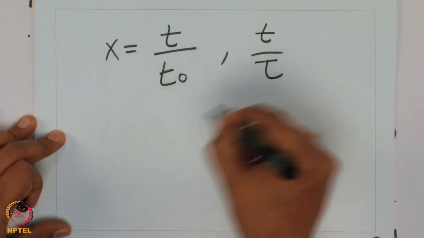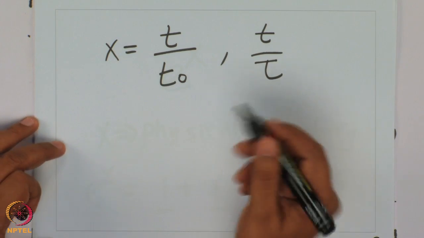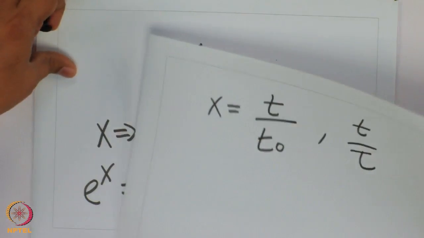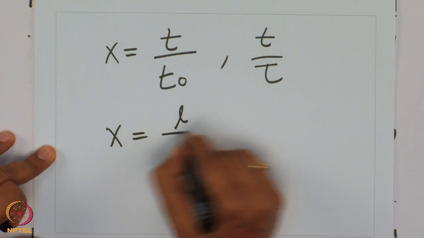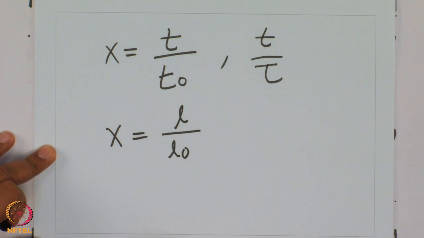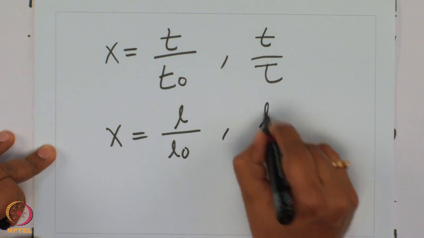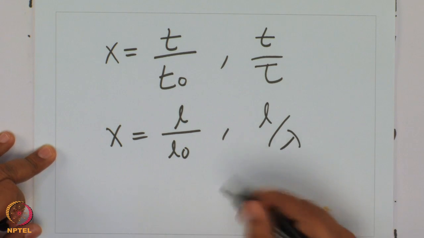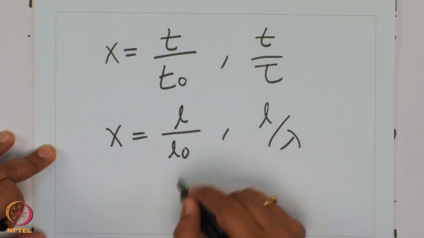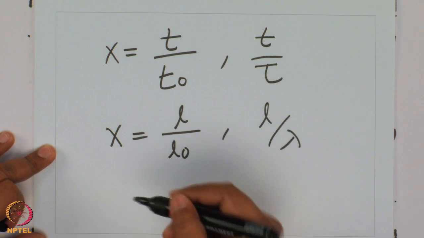Tau, t0, they are all some characteristic time, which we will understand. And at other times x will be some ratio of lengths, so L by L0 or L by lambda. All the lambda, L0 are some kind of lengths. So when we write this as a ratio, this will of course not have a dimension.